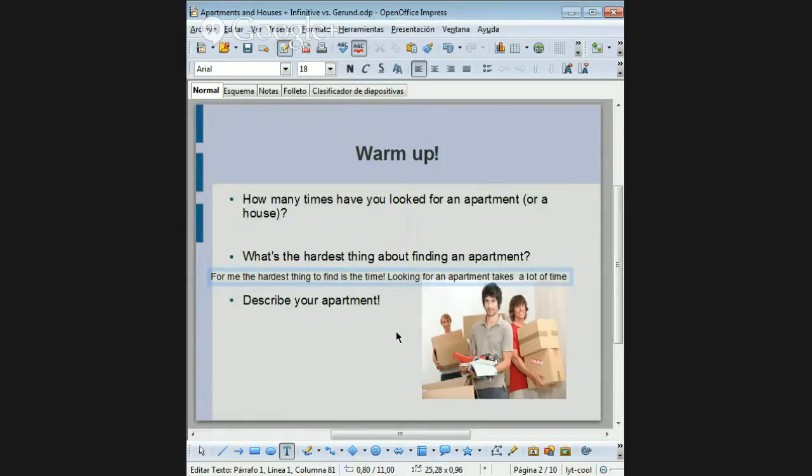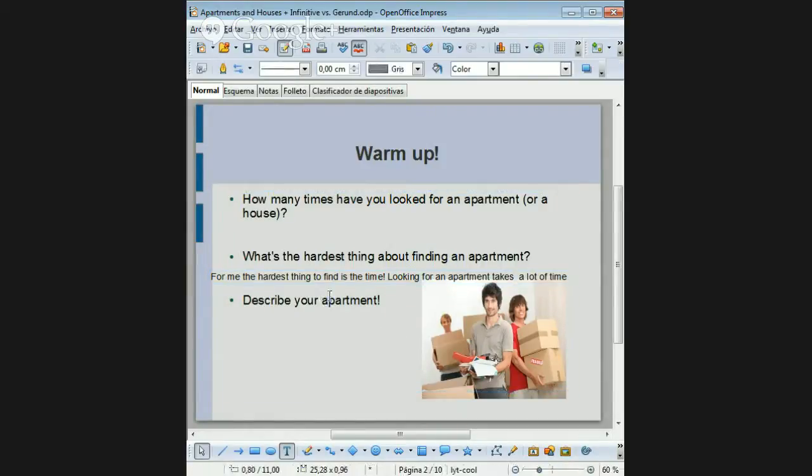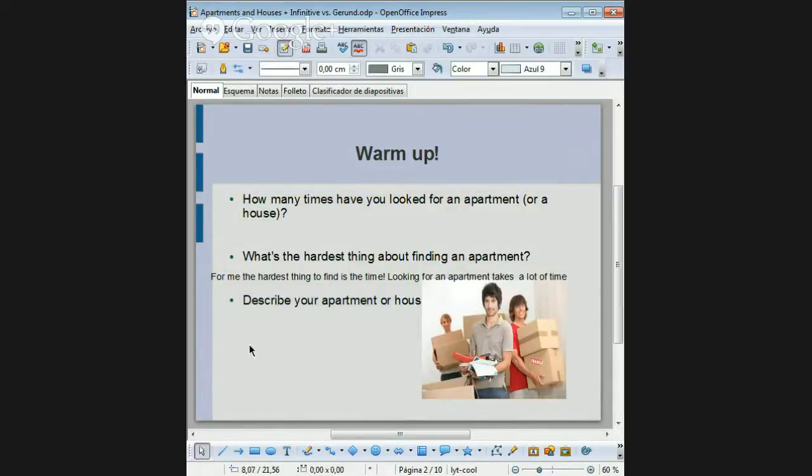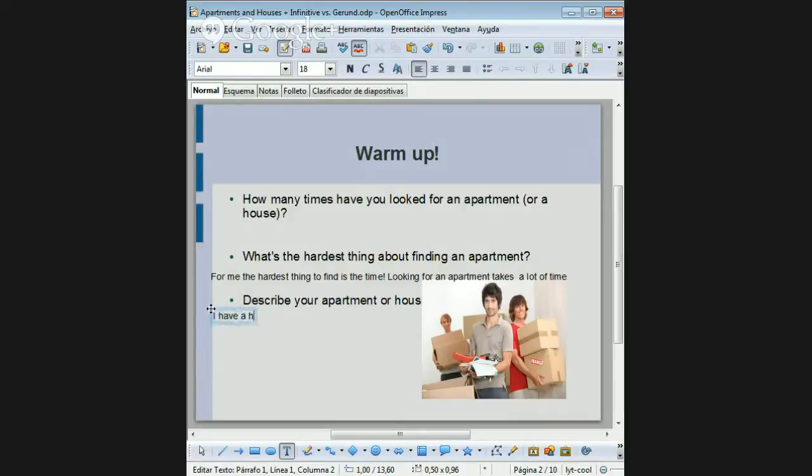Okay, and Wisla, can you ask Oscar the last question? Oscar, describe your apartment or house, please. I have a house. I don't like apartments, but I repair my cars. I need more space for this work, and I have one house.